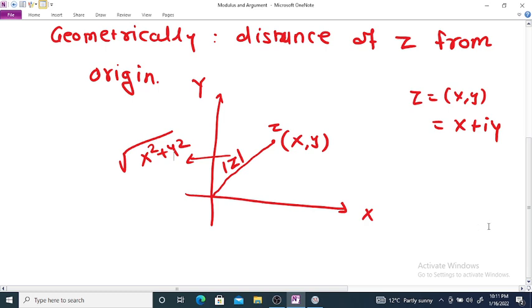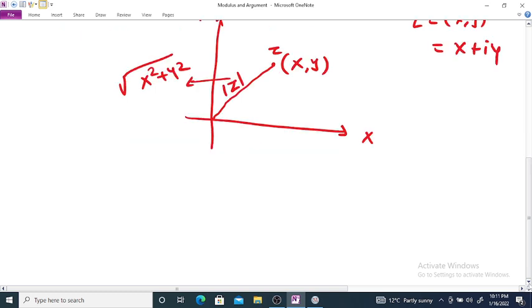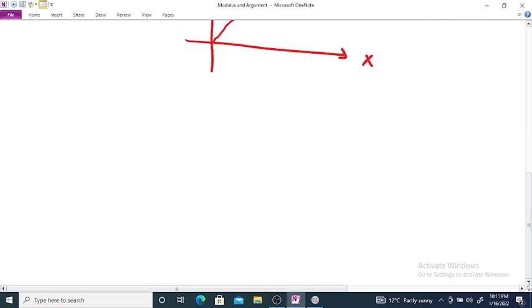Similarly, the second thing we are going to discuss here is the argument of the complex number.